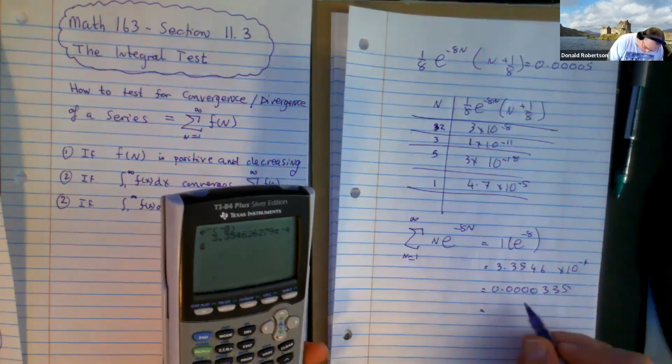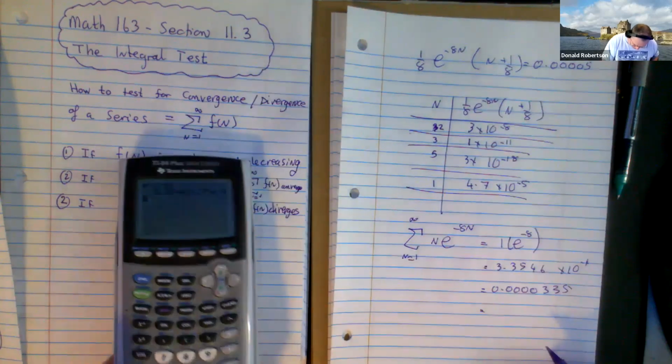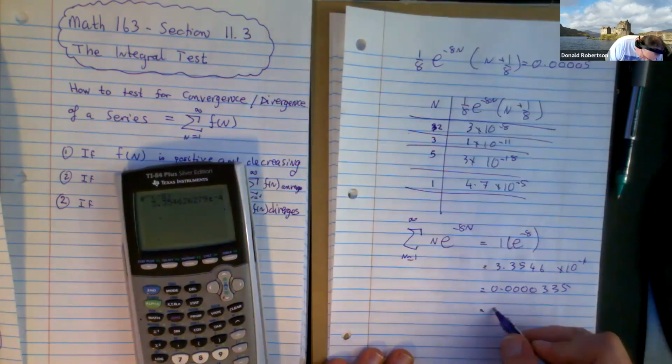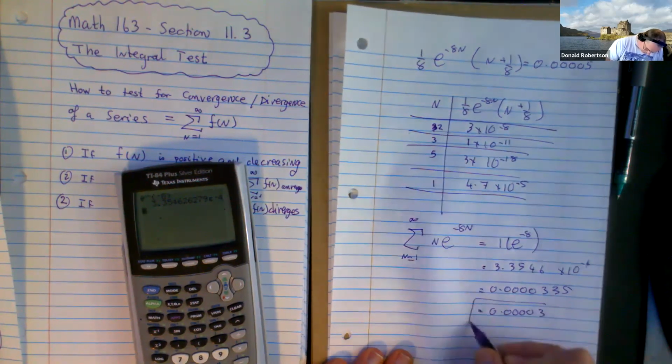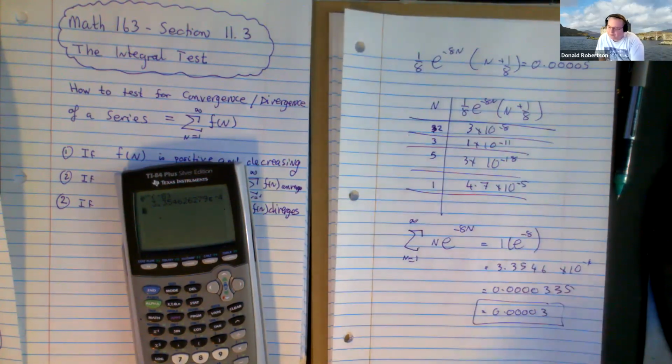And if you round this guy off to 4 decimal places, God, I'm going to have to do 5 or else the answer is no good. Essentially, the answer is 0.4003.